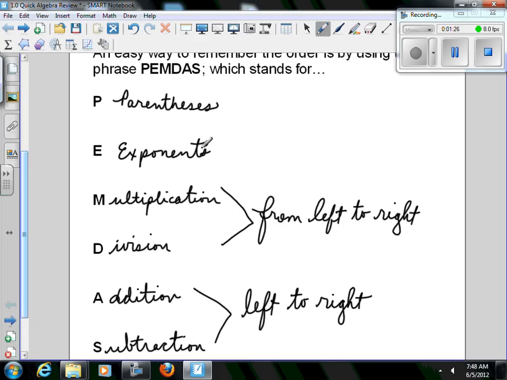All right, so now one thing I want to say about parentheses, if you have more than one set inside the other, we're going to say start with the innermost set.